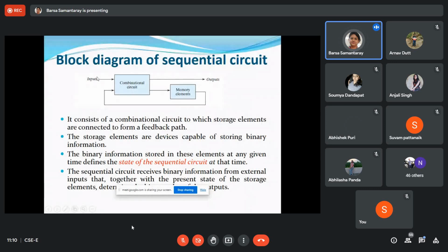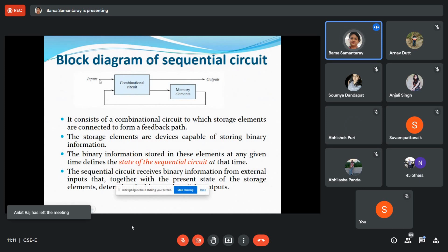If we give the input, then we get the output. That output is stored in the memory element. Suppose your first output was 0, then that same 0 output stays stored in your memory. Then that same 0 comes back and is fed as an input to the combinational circuit.